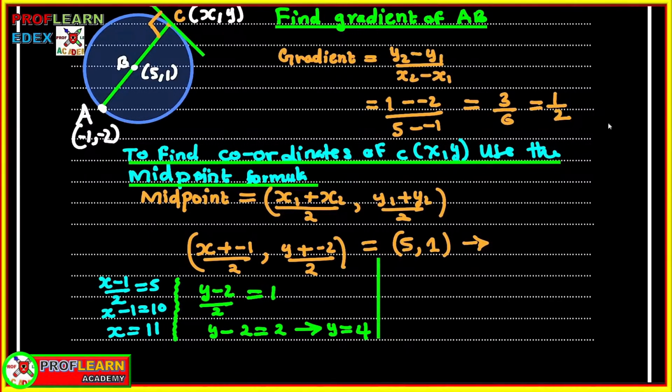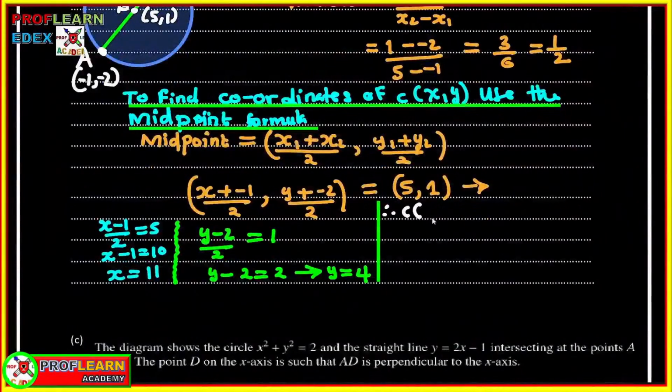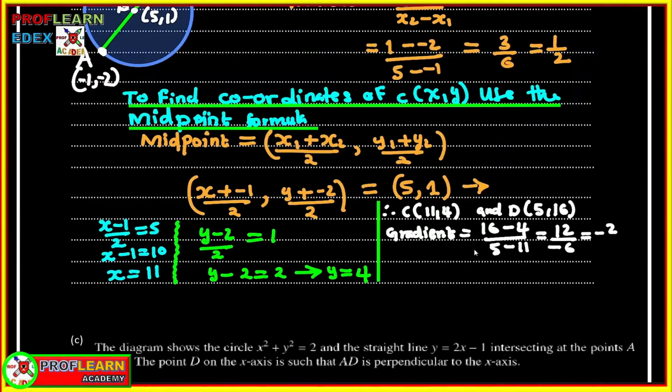So the coordinate of point C is actually 11, 4, and now I can find the gradient of that line. You see there the gradient is -2. Things are shaping up. If you multiply m1 and m2, you get -1. Let's check.